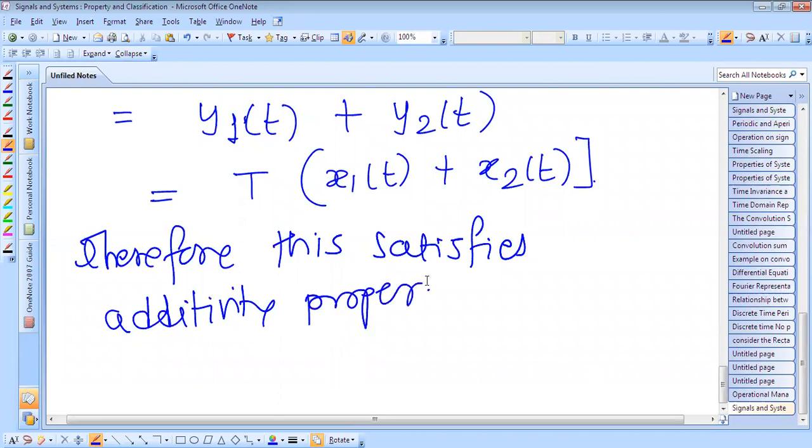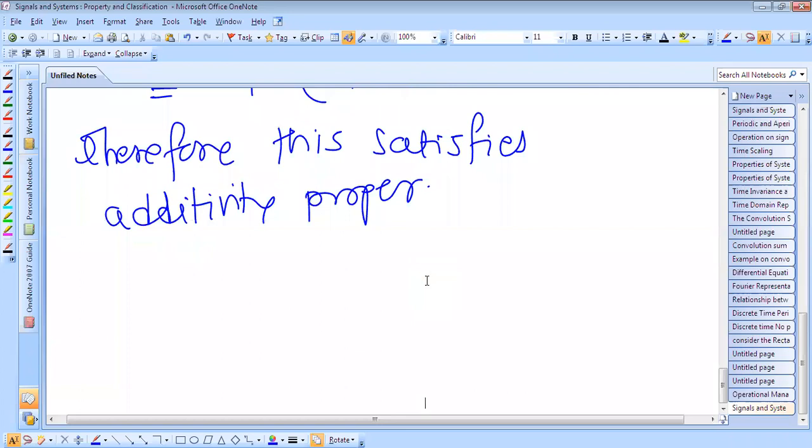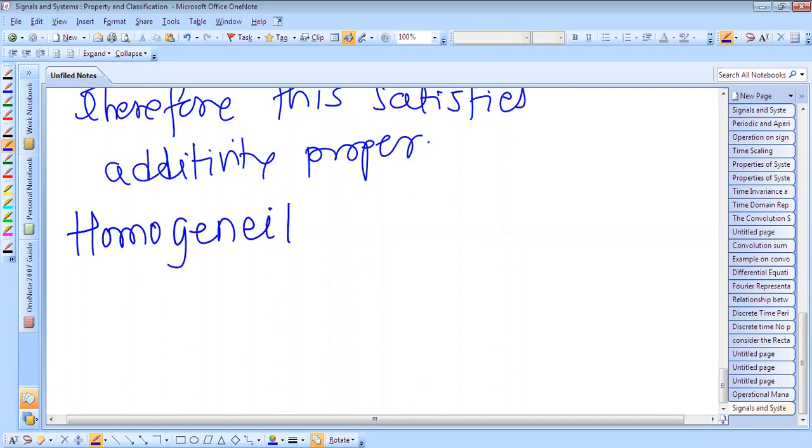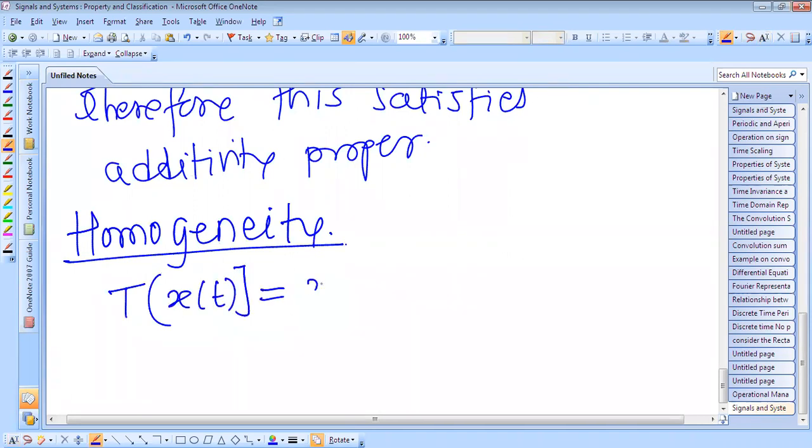Let us check the homogeneity. The function given is T of x of t is equal to x of t cos of 2 pi fc t.